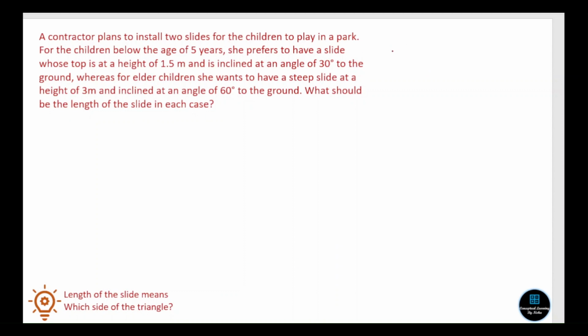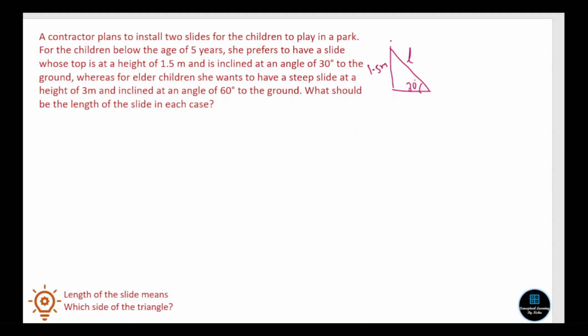So there are two slides. Making the diagram, let's understand this. This is one slide that makes the angle 30 degree with the ground, and we have to find the length of the slide. The height here is 1.5 meter.